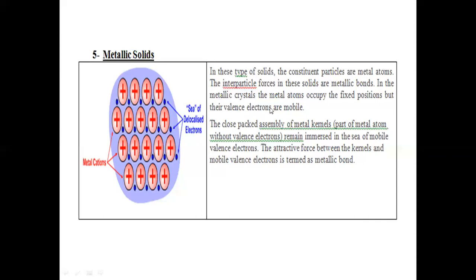Here in metallic crystals, the metal atoms occupy the fixed position, but their valence electrons are mobile. The examples are of all the metals like copper, iron, nickel, silver. All these metals have free electrons in them, and these are very good conductors of heat and electricity.